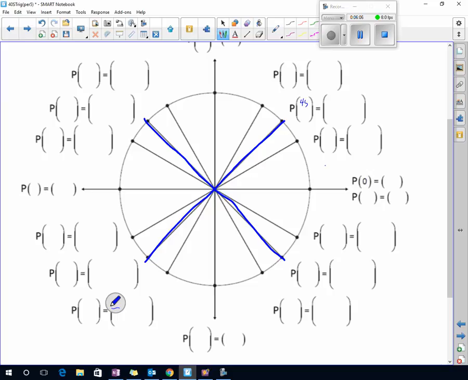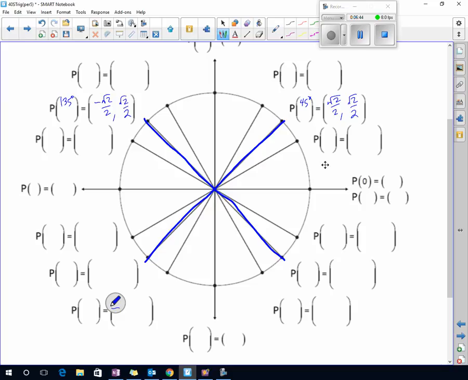What's the related angle in the second quadrant in degrees? So 180 minus 45 is what? 135. So how would that change my coordinate? Yeah, it would make your x negative, so negative root 2 over 2, comma, root 2 over 2. What's the related angle in the third quadrant? 45 plus 180, what is that? 225 degrees.